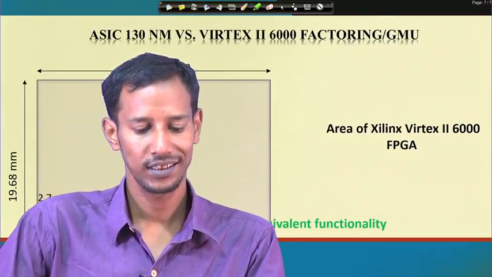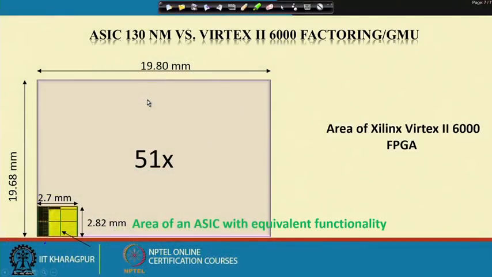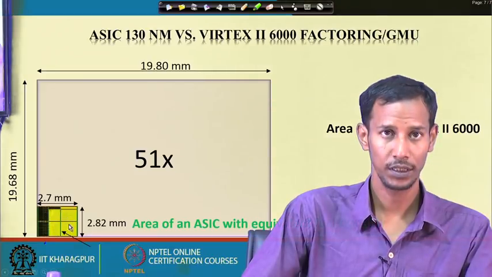This is just one example of the difference between ASIC and FPGA. Area wise, this is the area for one Xilinx Virtex 2 6000 series FPGA. So, this much area you require, whereas with equivalent functionality or equivalent gate count, if you follow the ASIC design style, you require only this particular area.